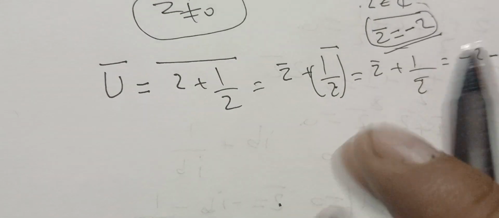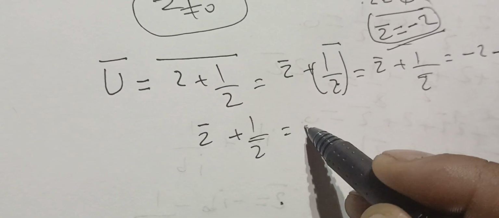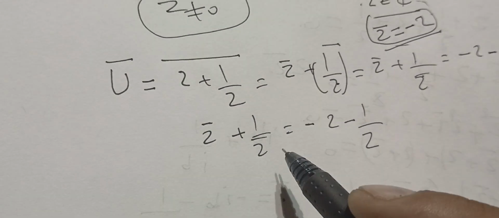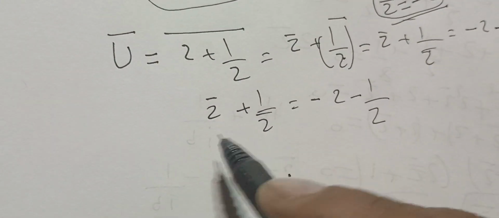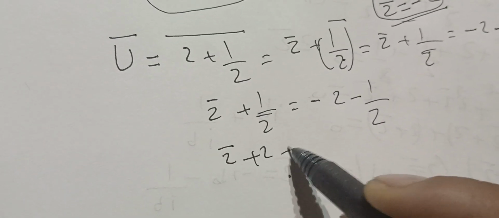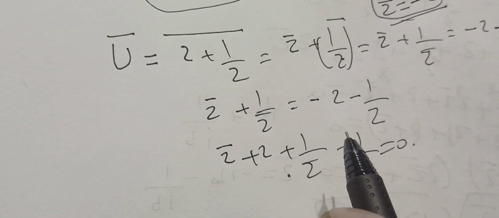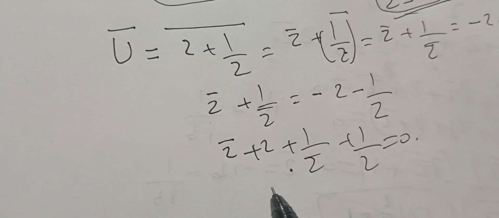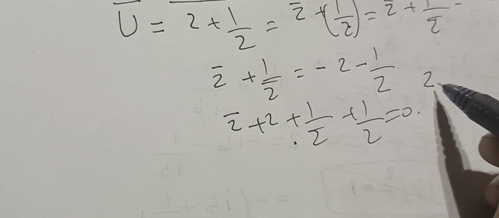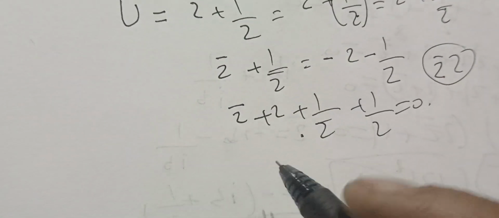Okay, so let's solve now. We have z bar plus 1 over z bar equals minus z minus 1 over z. Let's put everything on one side. We have z bar plus z plus 1 over z bar plus 1 over z equals 0. Let's multiply everything by z bar z.